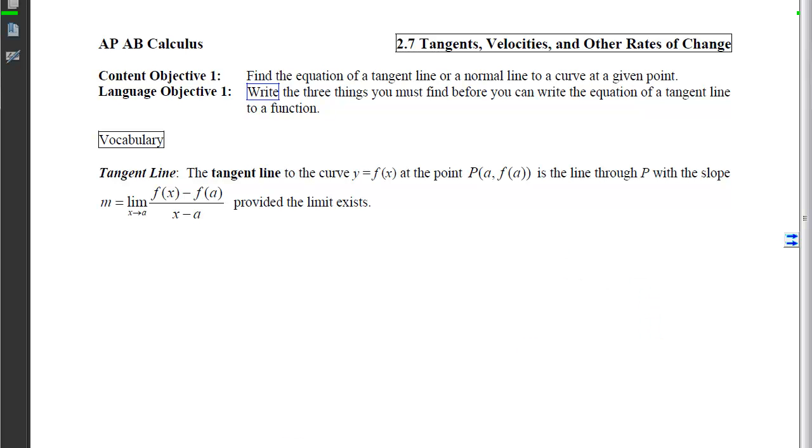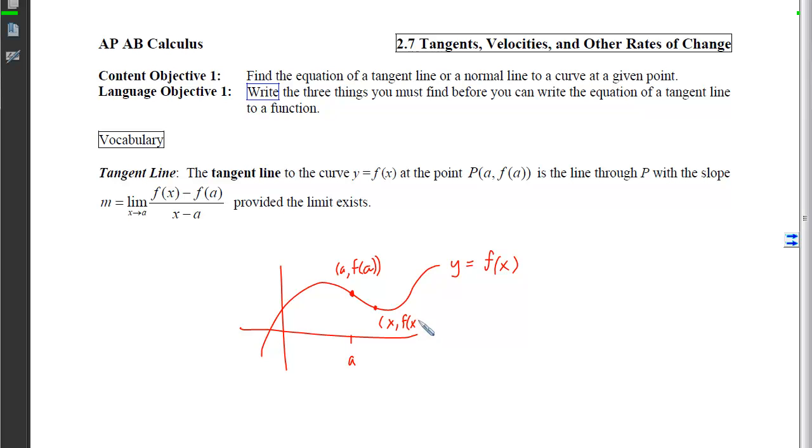If I have a general function, just any function at all, that is f of x, and we want to nail down a point a that has a y-coordinate f of a, then we can pick a second point and label it x, f of x, and connect those two to create a secant line.